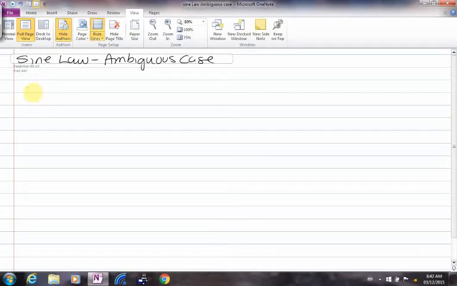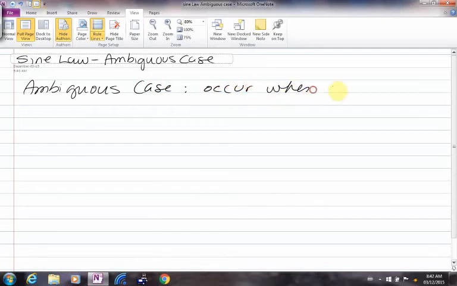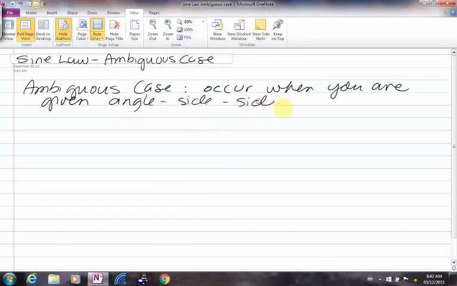So those types of questions we call the ambiguous case, and they occur when you are given angle, side, side in that order.